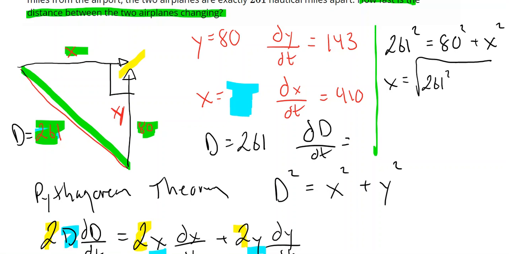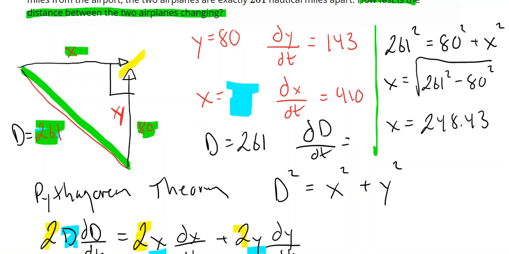And then you can evaluate that using Desmos, and you will end up with a value of, I believe, 248.43. So now we can fill in everything that we need here.